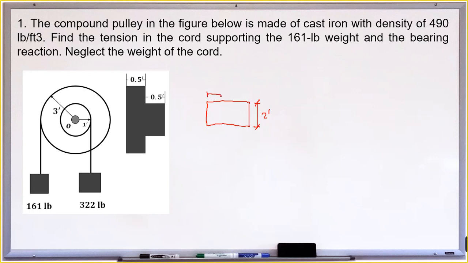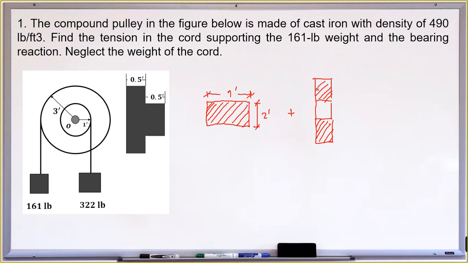And then its length is the combination of the lengths of the smaller pulley and the larger pulley, so that is 1 foot. Okay. So we have a solid pulley plus the moment of inertia of this hollow pulley. The cross-sectional area is hatched.